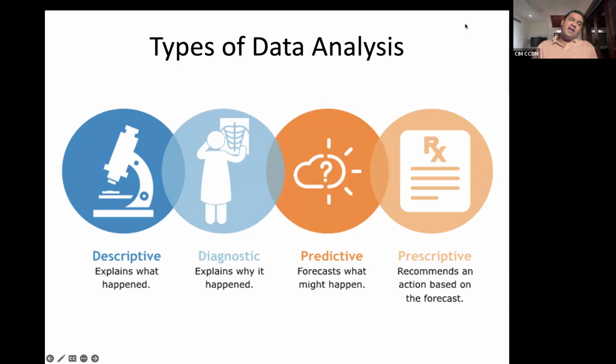So the types of data in an organization, when you're talking about a marketing department, you will have descriptive data, which is very narrative, which explains what happened, right? You'll have descriptive data, which explains the what. What really happened. So let's say you might have data about sales.